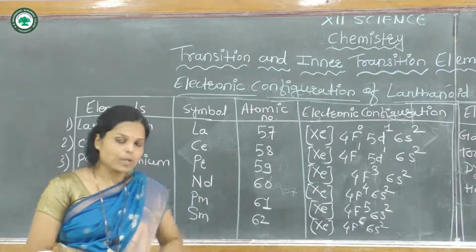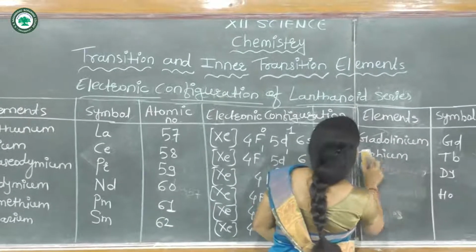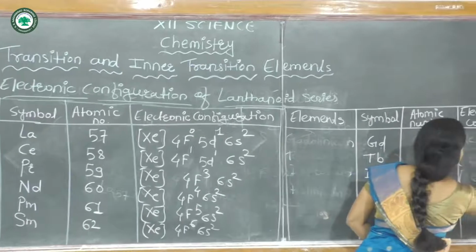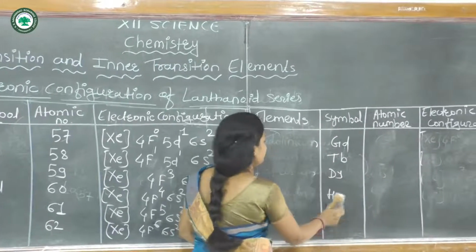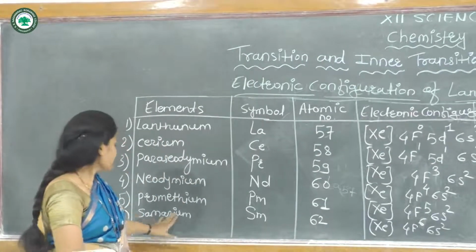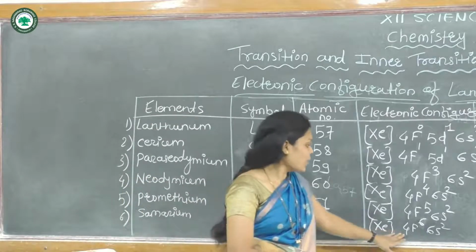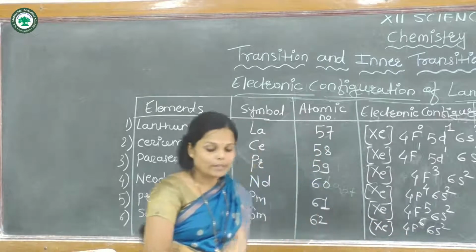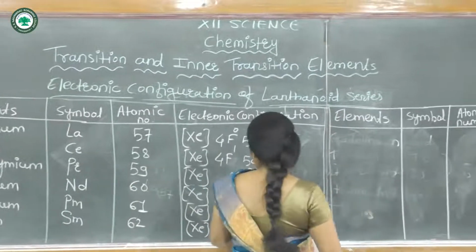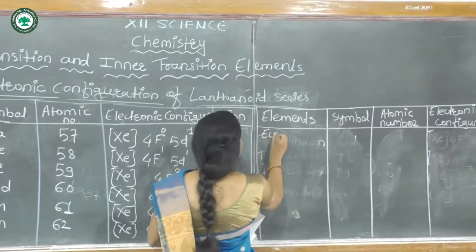Now samarium is the sixth element, Sm, its atomic number is 62, with 4f6 and 6s2. The next element is europium. We can write down the elements one by one and then discuss the electronic configuration.